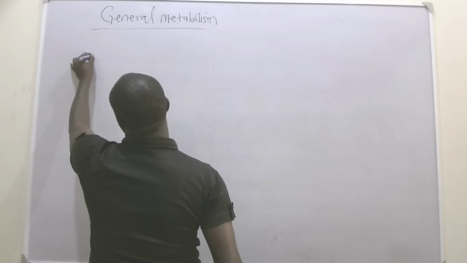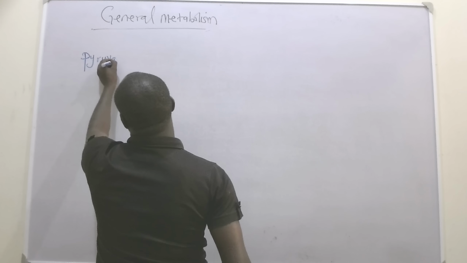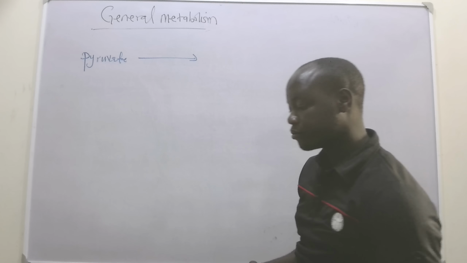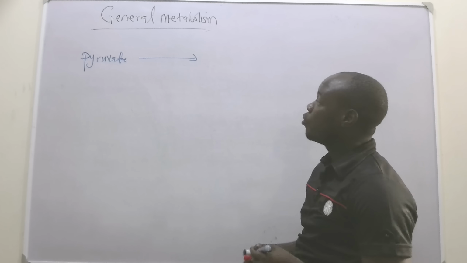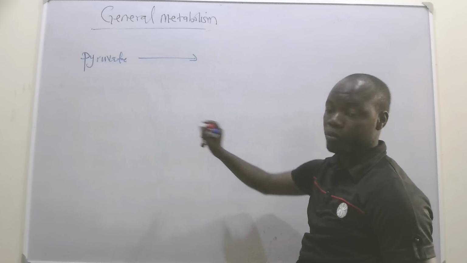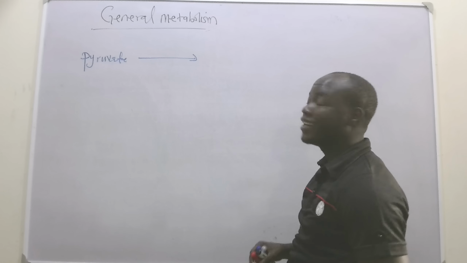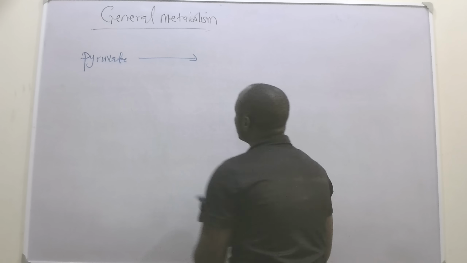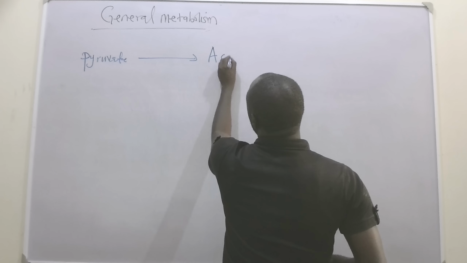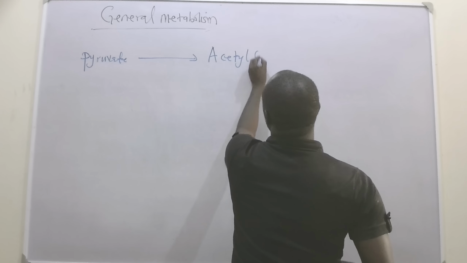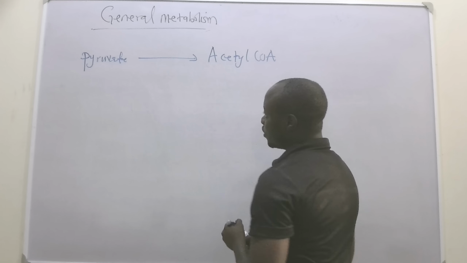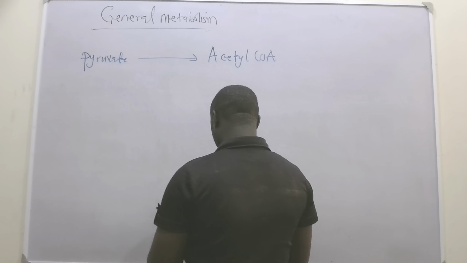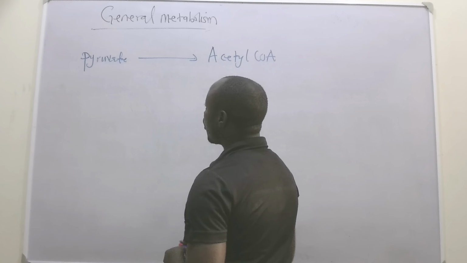This is also one of the steps of cellular respiration, where the pyruvate is converted to acetyl-CoA using an enzyme called pyruvate dehydrogenase complex.